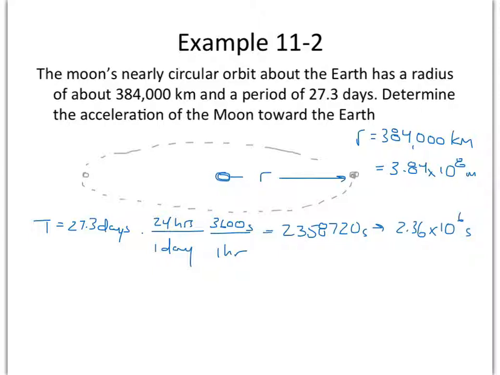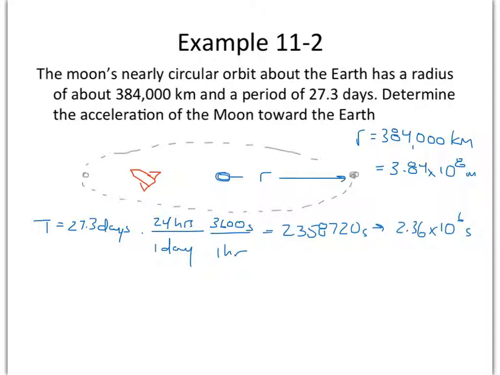Okay, so we have a radius and we have a time period right here. We want to find out what the acceleration of the moon is towards the Earth. Now, it's easy to think that if we're out here in space, beyond the atmosphere of the Earth, say you're in a rocket ship or something like that, that there is no gravity. Well, there actually is. Gravity extends out virtually to infinity.